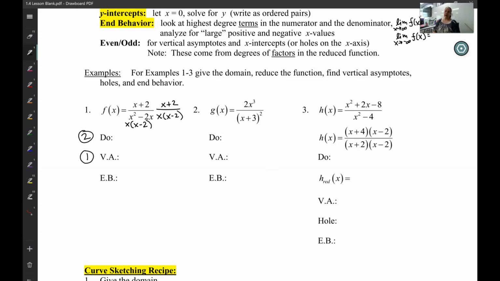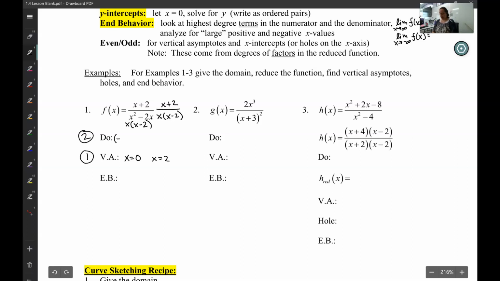In this one, I do not. I don't have anything that's exactly the same. Now I look in the denominator, and I think, what x's would make my denominator 0? Well, if x is 0, the denominator is 0, if I plug in 0. And if x is 2, if I plug in 2, I also get 0. So those are my asymptotes.